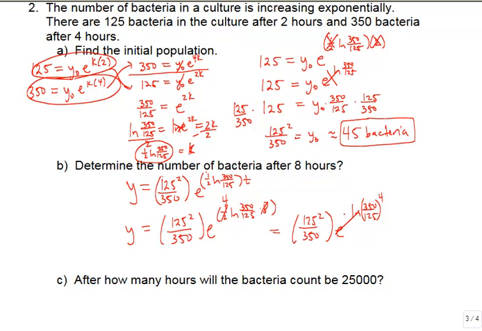And there is that e and that ln again, which are going to cancel out. So this is 125 squared over 350 times 350 over 125 quantity to the 4th. And there's a lot of cancellation that's going to go on there. And the end result is you get a nice even number, 2744.